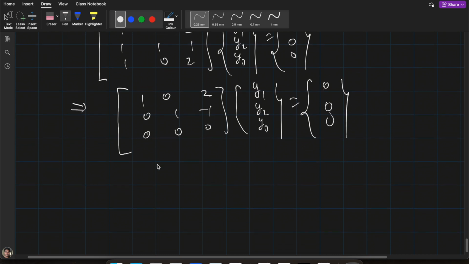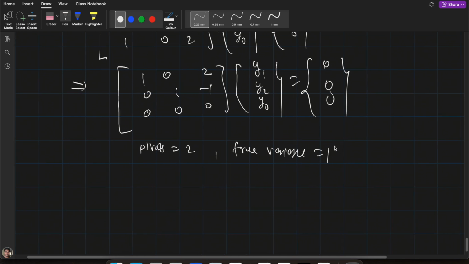Now tell me how many pivots are here? 2. Free variables? 1. Fine. So if I have only one free variable, this eigenvector will have only one scalar multiple.